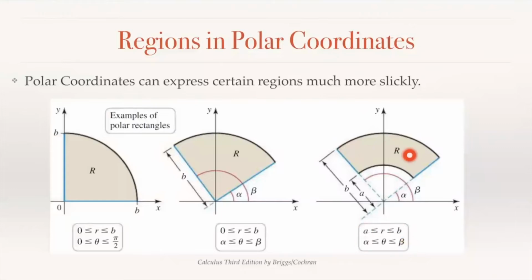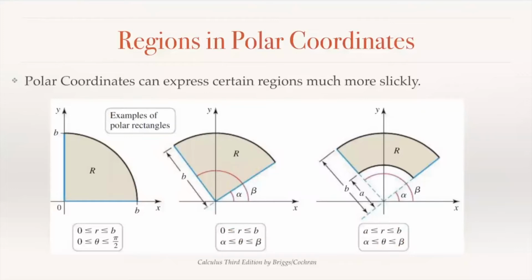So this region R here is in polar coordinates all r between a and b, the difference in radii, and all theta between alpha and beta, the difference in angle. So it's not hard to see that this would be a rectangle in polar coordinates, but these two are also, quote, rectangles in polar coordinates in the sense of constant bounds on r and theta.